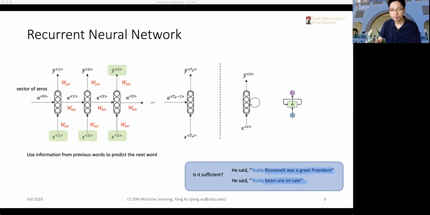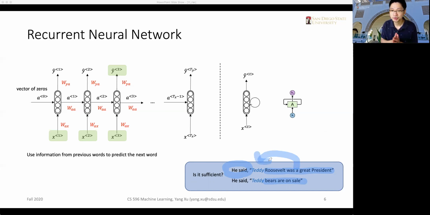Judging from the previous words, he said, will not help us guess what Teddy refers to, right? So the context information in the future is also helpful to recognize the word in the middle.